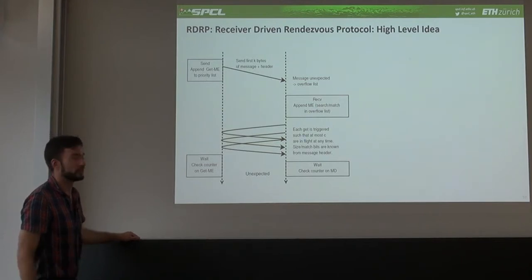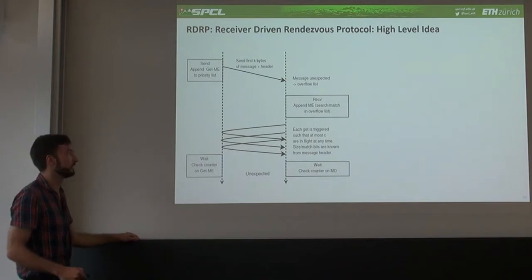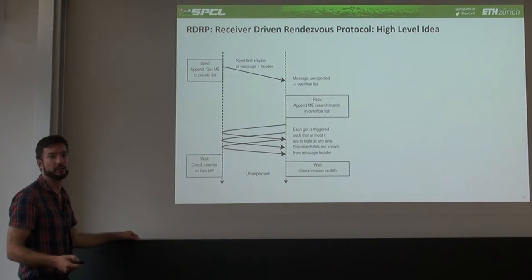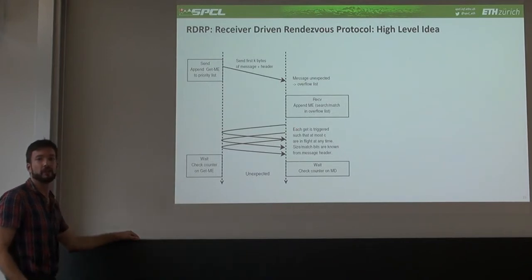But then Portals searches the overflow list and informs us, hey, I already have a matching message, at least the header of it. From the header, we are able to get the match bits that the sender chose, and we can post a sequence of gets that will actually transfer the data.